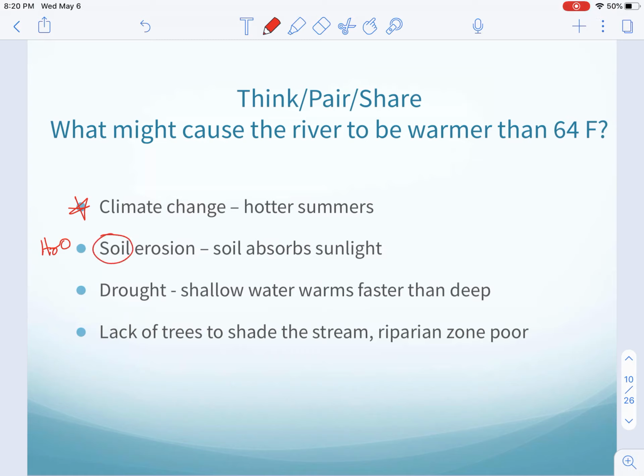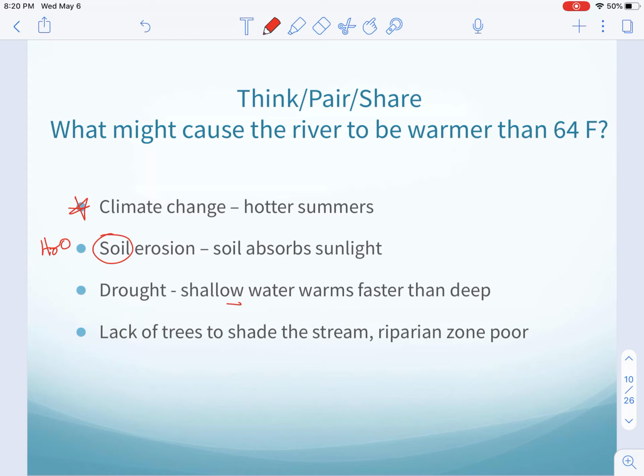That runoff will pick up soil. What soil does when it gets into a lake or a river is make that water murky. And we all know that darker colors or darker surfaces will absorb more energy. So if that river is muddy or murky, it is going to increase its temperature and therefore decrease its dissolved oxygen.